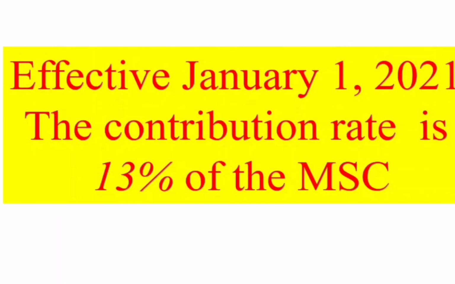So effective January 1, 2021, based on the new SSS contribution schedule, tumaas po ang contribution rate natin to 13% of the MSC, and this will continue to rise by 1% every other year until it reaches 15% by 2025.